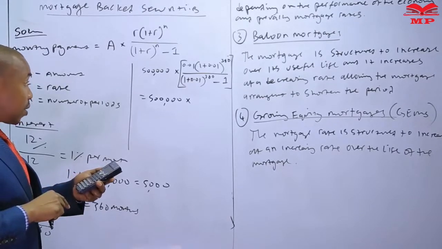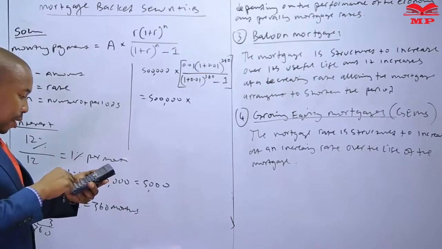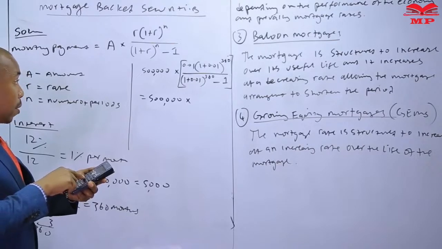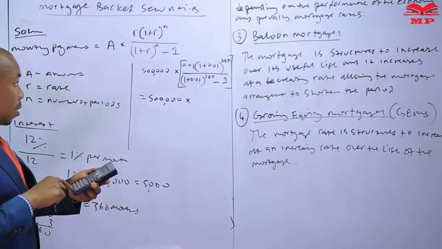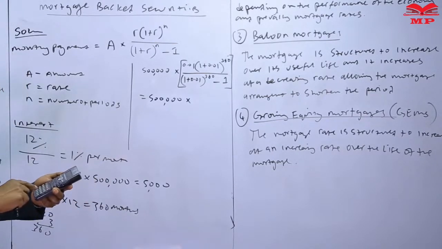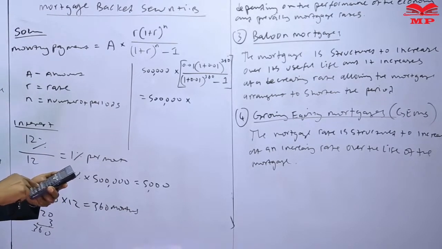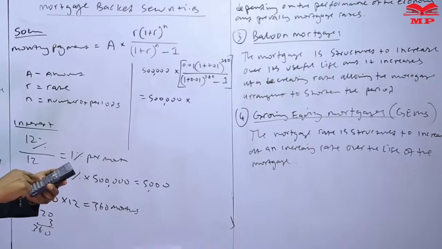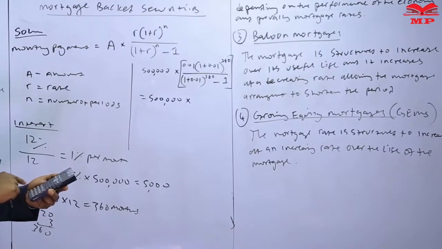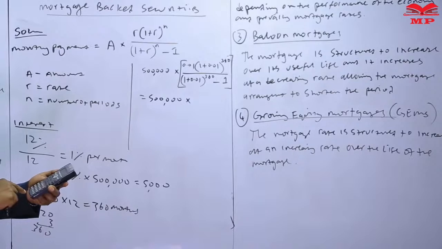We have 0.359, then we divide by open the brackets twice, 1.01 power 360 like that. We close the brackets, minus 1 there. Then we have how much?